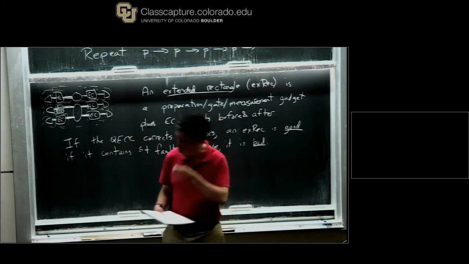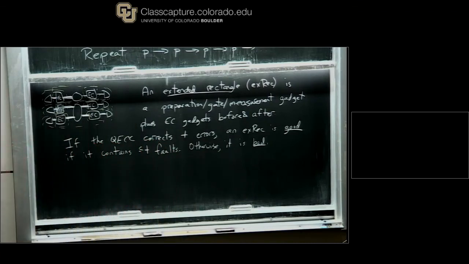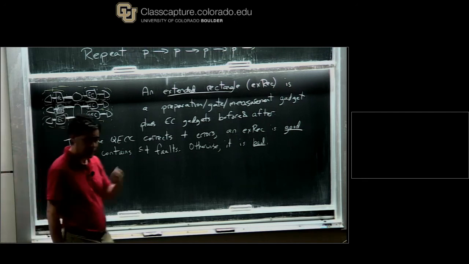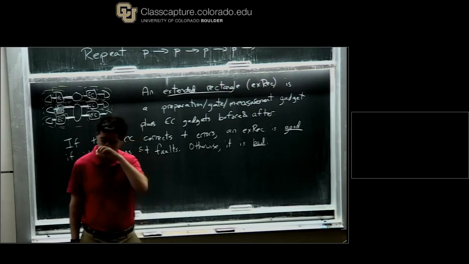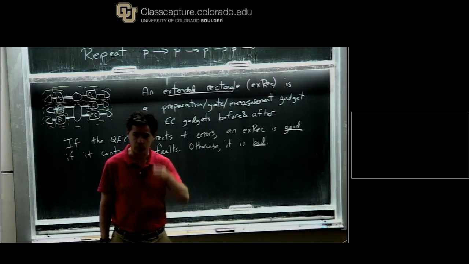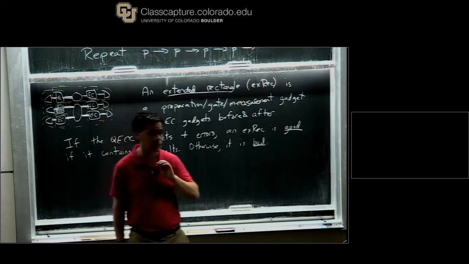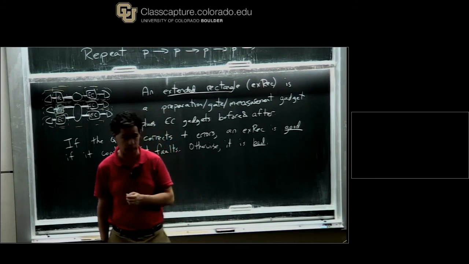Let's see. So what about the error model? In what I've done here, I'm assuming a stochastic error model, where errors occur with some probability per location. Now, as I said, we can tolerate a little bit of correlation. The main thing is you want the probability of errors on many qubits to fall off exponentially with the number of qubits.